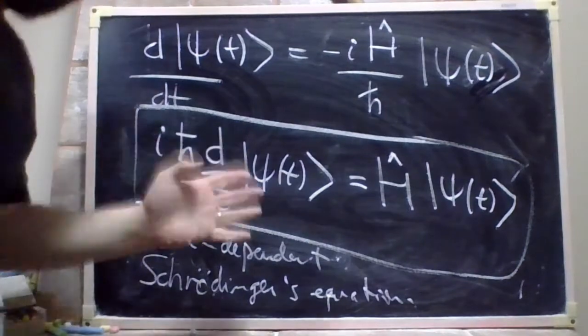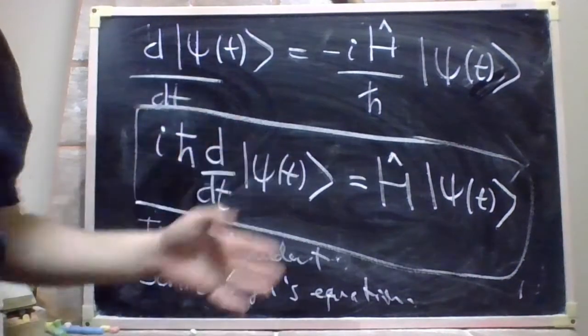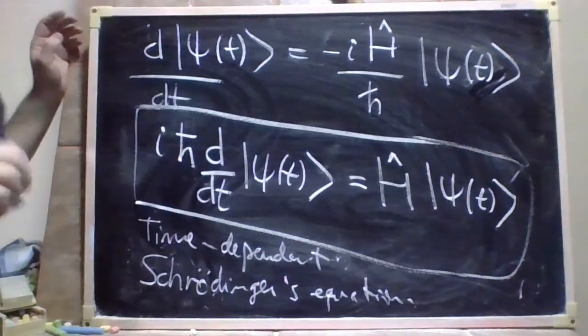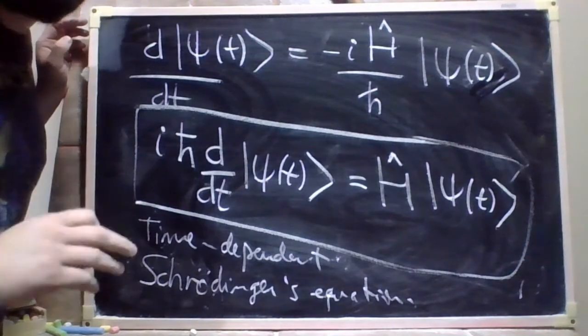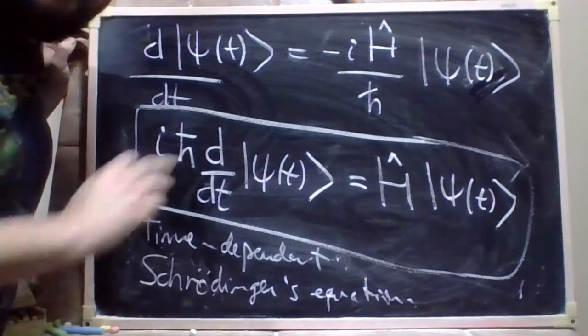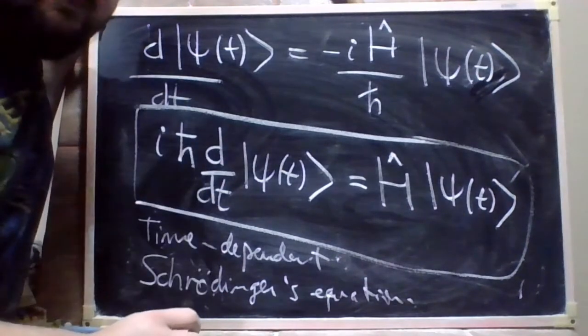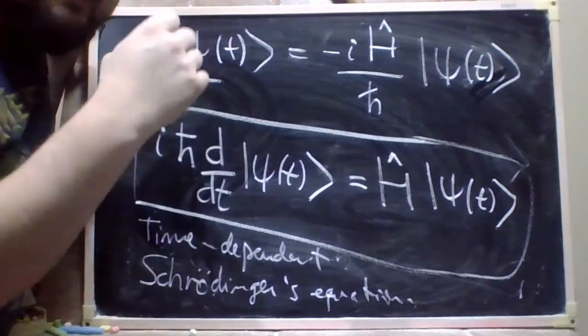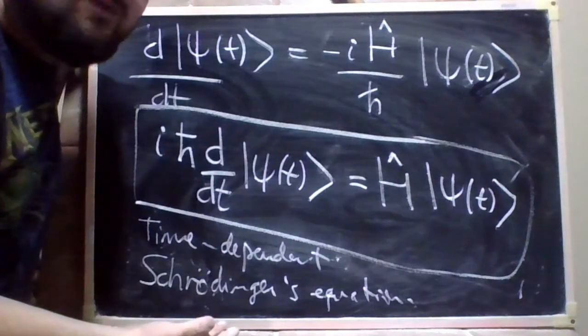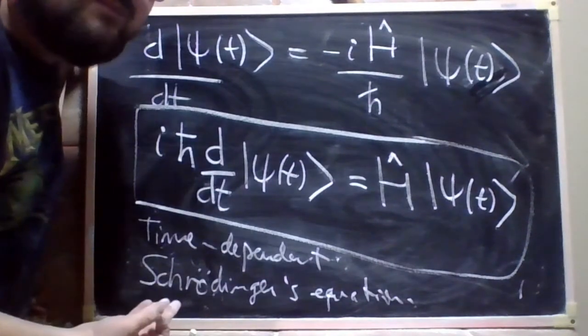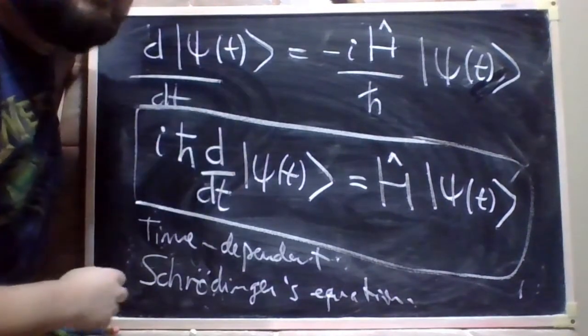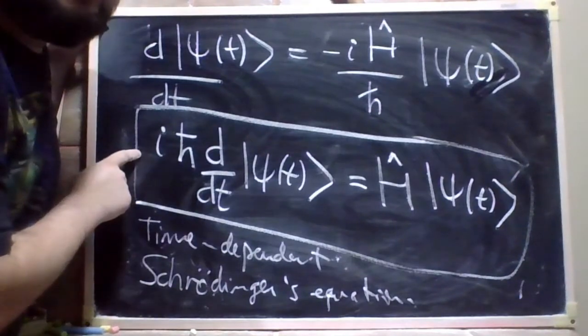What we have learned so far can be raised to the status of a postulate in quantum mechanics. Time evolution of a quantum mechanical system, or quantum dynamics, is described by Schrodinger's equation.